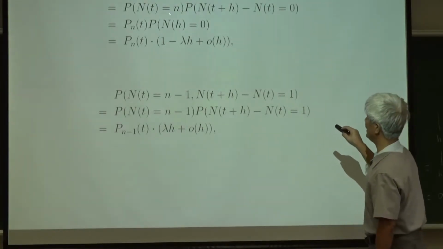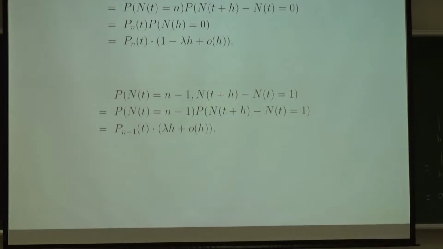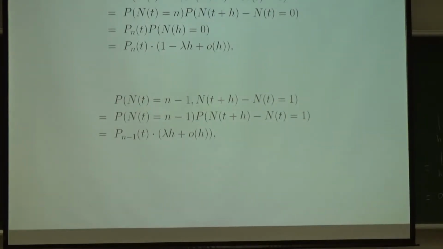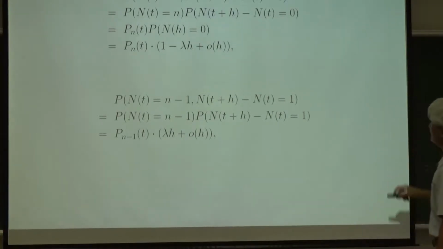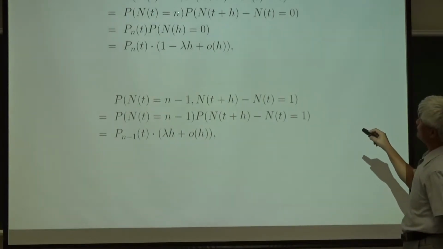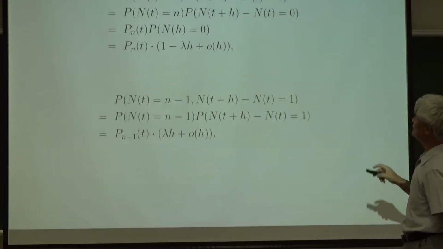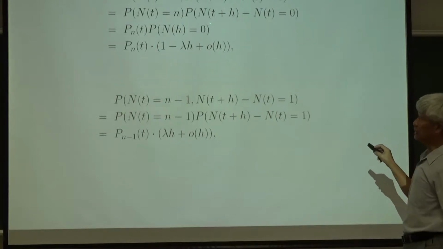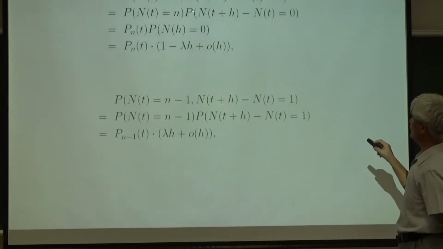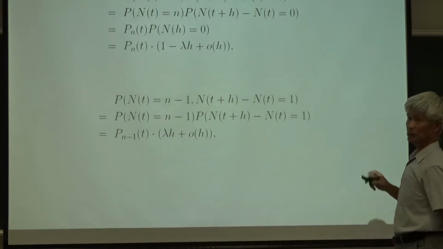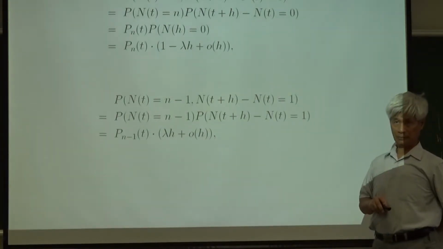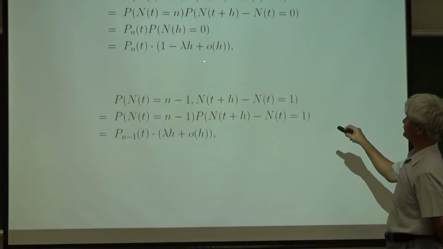The first one is when all n variables are between time 0 and time t. Again by the independent increments assumption we have that, and this is Pn(t) by our definition. By stationarity of increments this probability is equal to this probability, and again we use number 3.